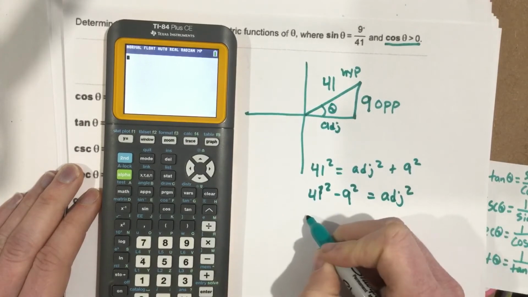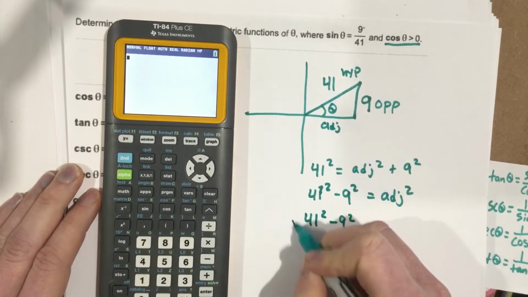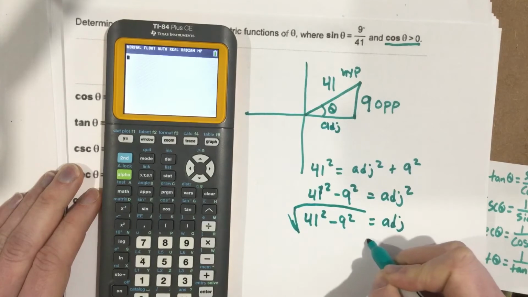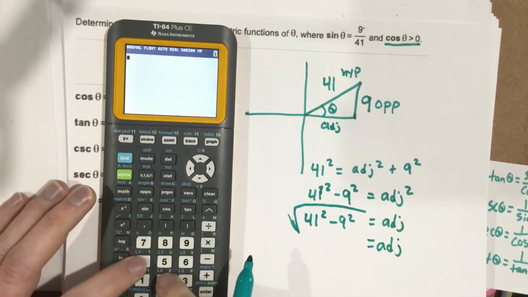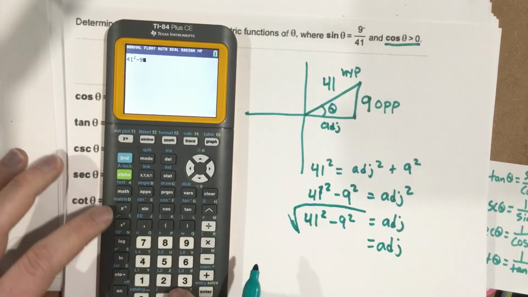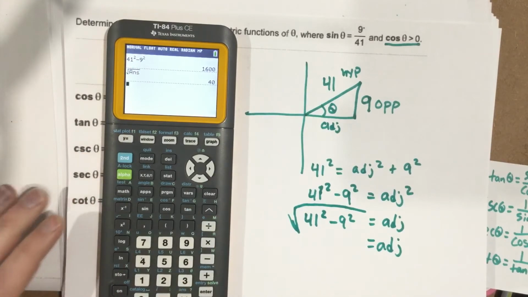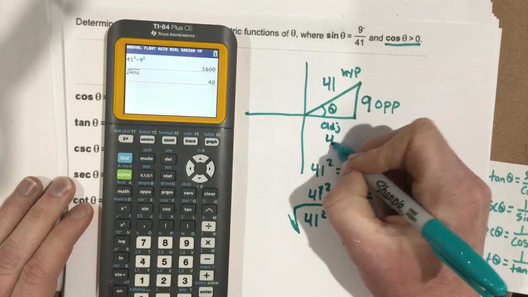I do the square root there, and that's the adjacent side. Let's put that in the calculator: 41 squared minus 9 squared, square root of that number, 40. So we know the adjacent side is 40.